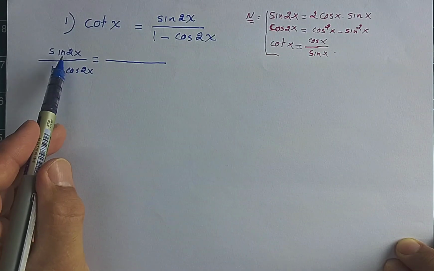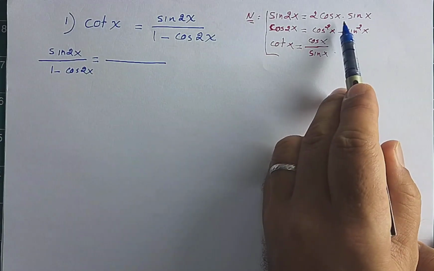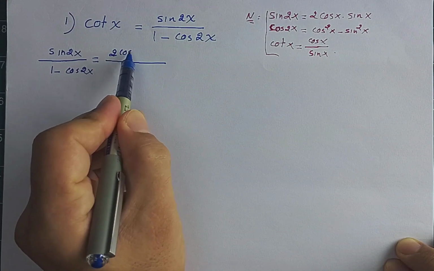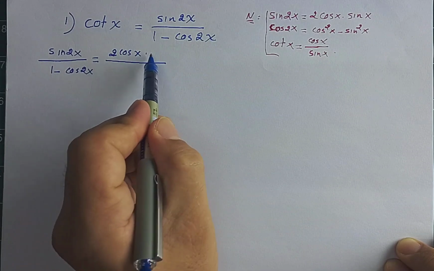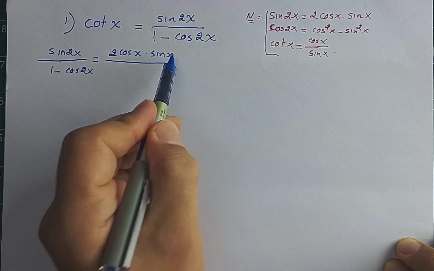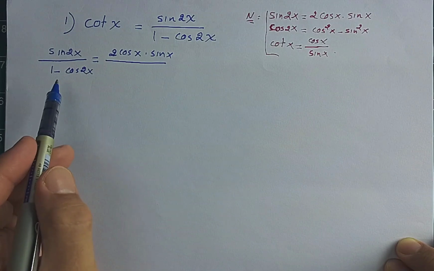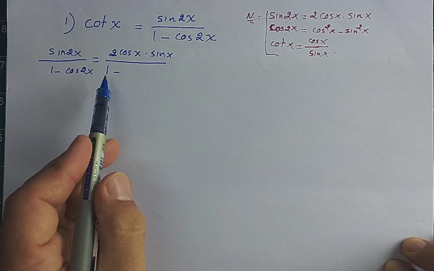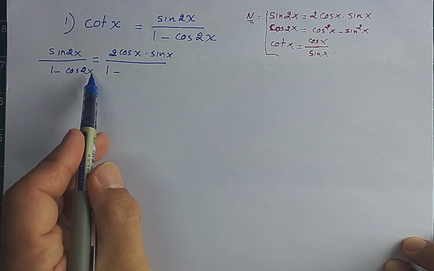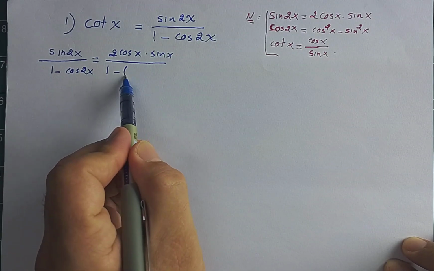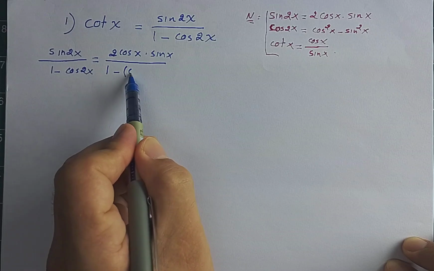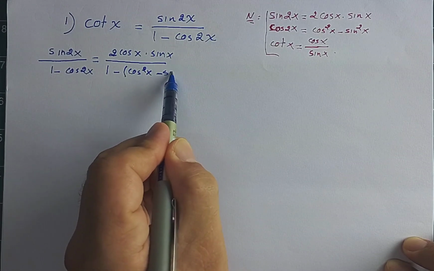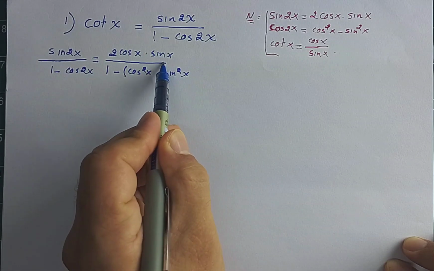Instead of writing sine 2x, I write this formula, 2 cosine x times sine x, and the next one, 1 minus, instead of writing cosine 2x, I open the bracket and write cosine square x minus sine square x.